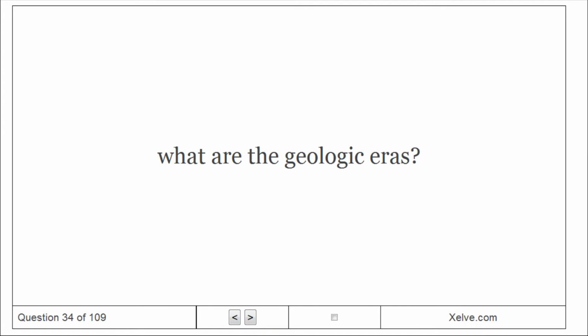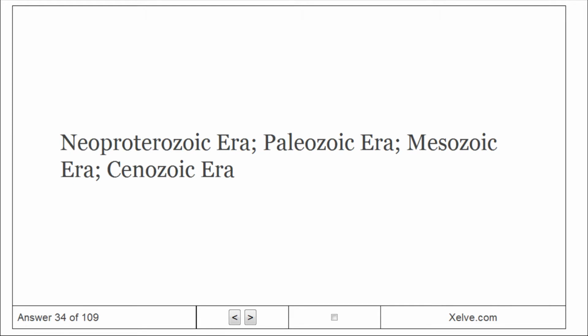What are the geologic eras? Neoproterozoic era, Paleozoic era, Mesozoic era, Cenozoic era.